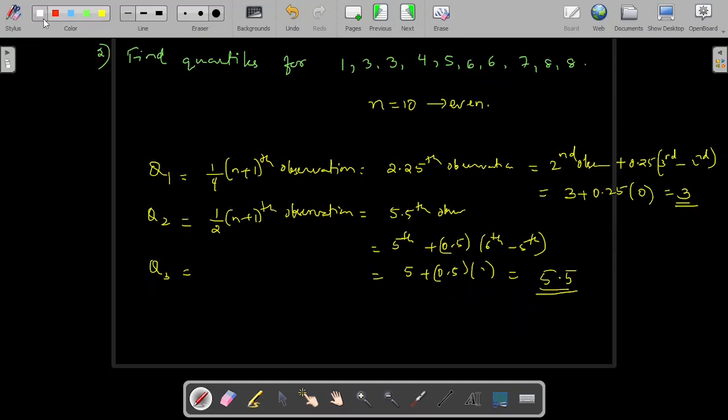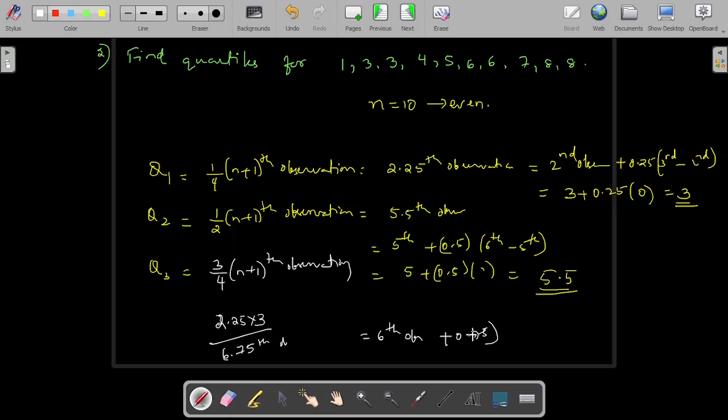Now similarly you have to find Q3, that is 3 by 4 into (n plus 1)th observation. So here 3 by 4 into (10 plus 1), 11 by 4, again it is 2.25. 2.25 into 3 is the 6.75th observation, which is equal to the 6th observation plus 0.75 into (7th minus 6th observation).